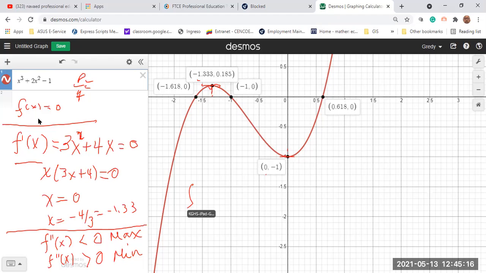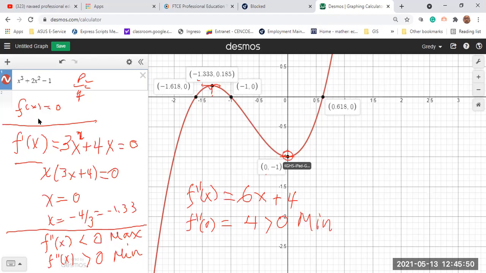What is the second derivative? From the first one, you get 6x plus 4, right? Then we take the value 0 and evaluate: at 0 it is 4. 4 is greater than 0, so it's a minimum, right? So here is a minimum.